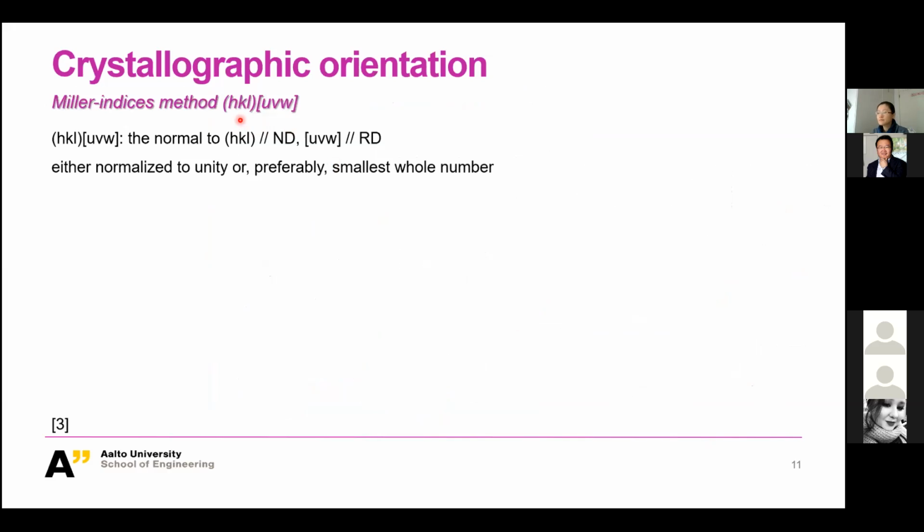Here, we combine both the crystal plane Miller index and the crystal direction Miller index, in this format: the normal direction of the plane (hkl) is parallel to your sample ND direction, and the crystal direction [uvw] is parallel to the rolling direction of your sample coordinate.